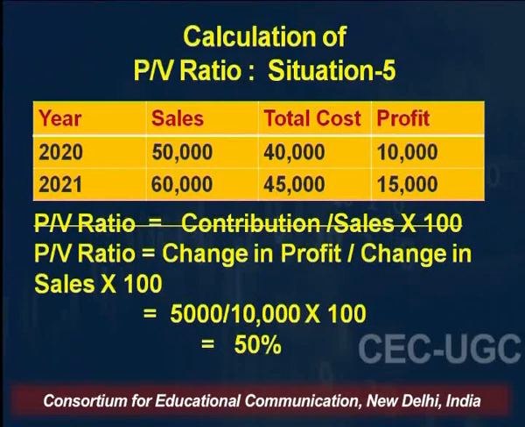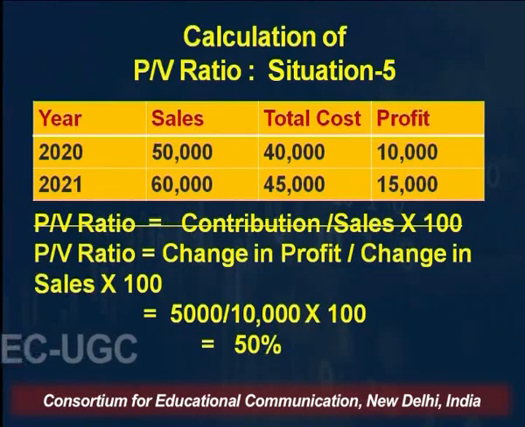At times examiners want you to run some extra miles, or they want you to do some more calculations. So in place of giving you the profit straight away, they are only giving you the first 3 columns of this question, year, sales and total cost, and they expect you to calculate the profit, right? So sales minus total cost, very simple, 50 minus 40, 10, and 60 minus 45, 15.